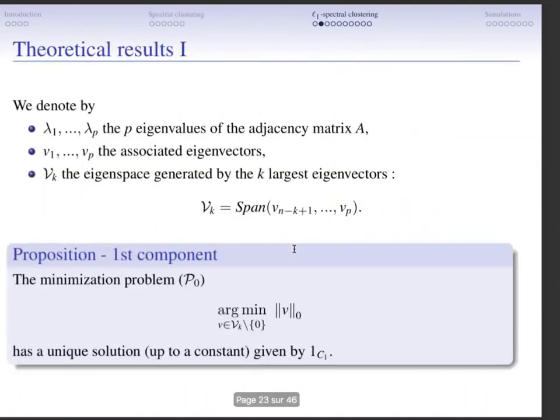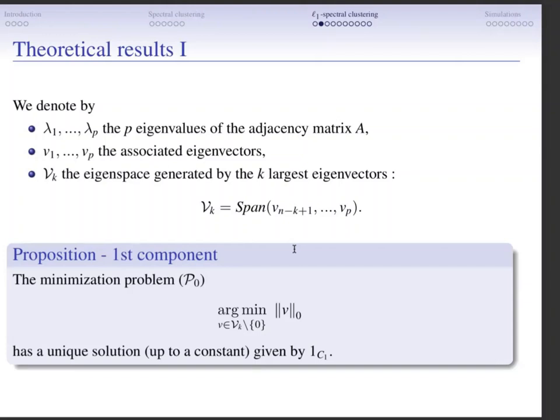So now, how does it work? As I said before, from now on we will not focus on the Laplacian matrix anymore, but on the adjacency matrix, but it's exactly the same. When you work with the Laplacian matrix, you are mostly interested in the smallest eigenvalues, and when you work with the adjacency matrix, you just focus on the largest eigenvalues.